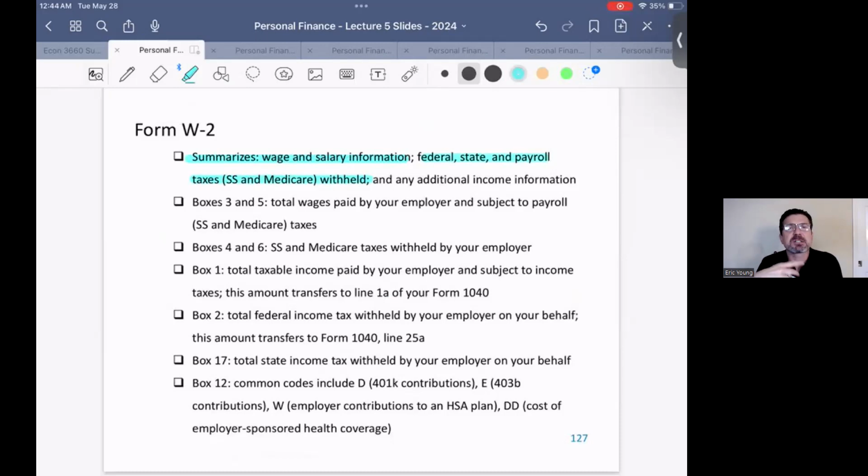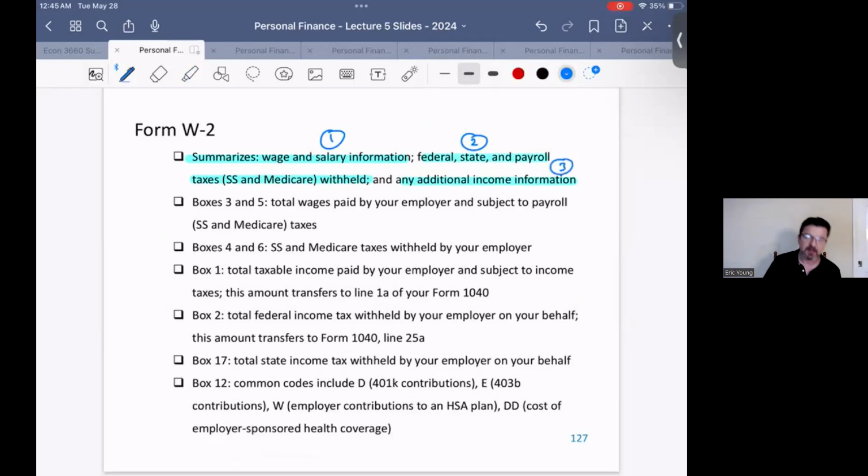And because tax law is very confusing and there's lots of weird ways that you can structure your affairs, the W-2 also provides supplementary information to help you, or your accountant, make sense of your income when you do your taxes. So the W-2 will summarize, number one, how much money you actually made. Number two, how much federal, state, and payroll taxes were withheld.